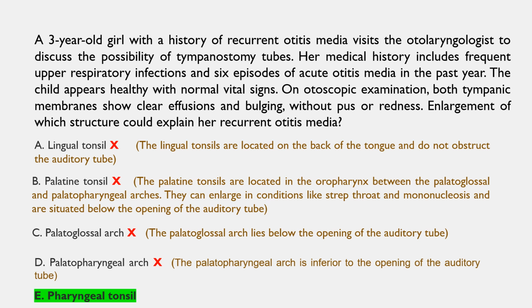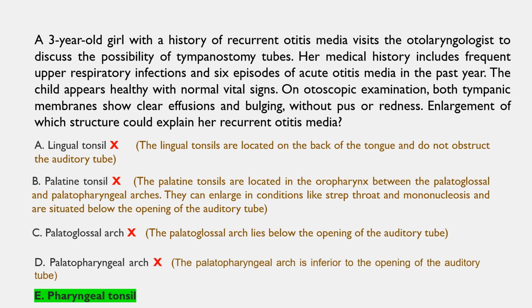Let's have a look at why the other options are incorrect. A. The lingual tonsils are located on the back of the tongue and do not obstruct the auditory tube. B. The palatine tonsils are located in the oropharynx between the palatoglossal and the palatopharyngeal arches.